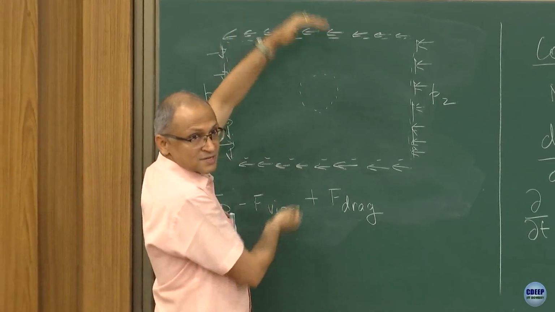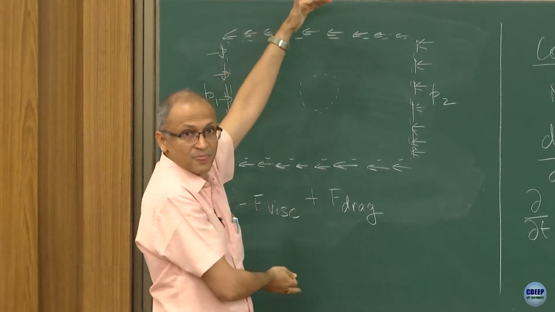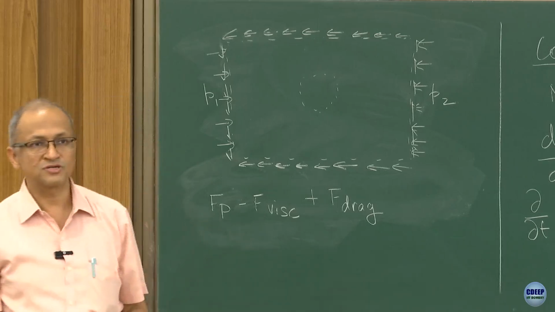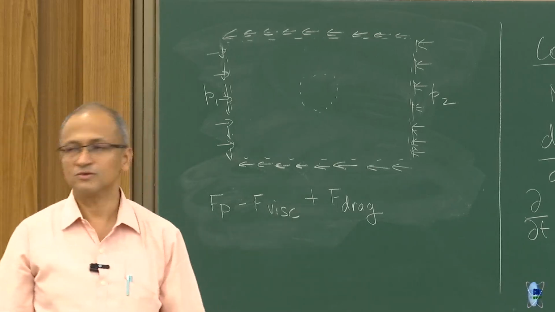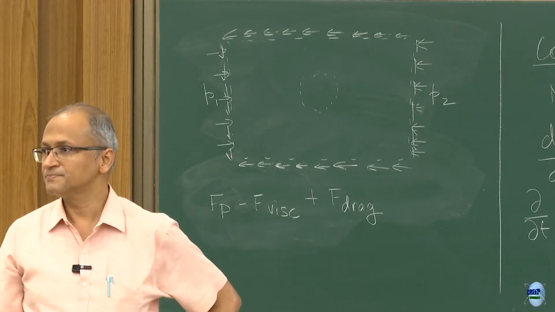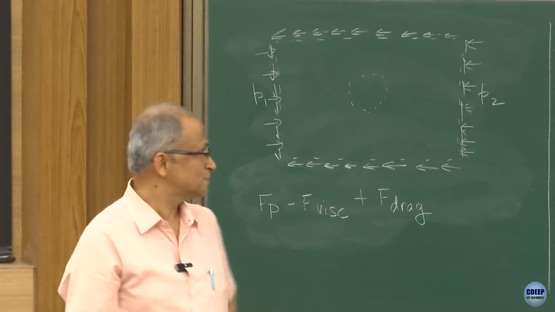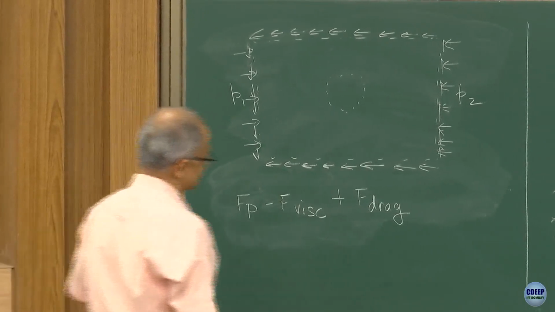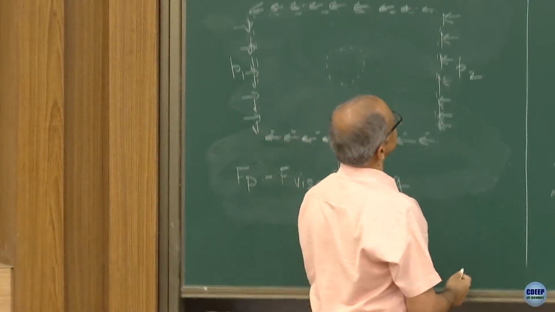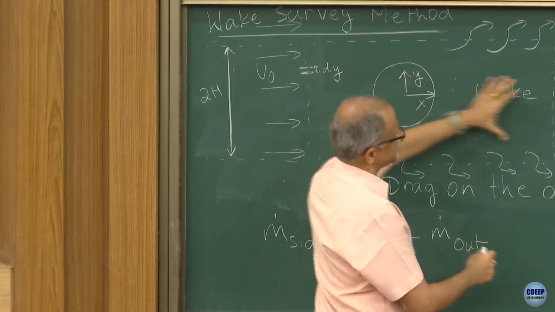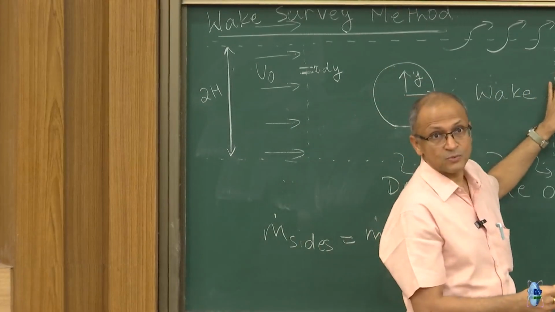If I take these boundaries further away, then what would happen? The viscous force will disappear. Why is that? The viscous region will be less. The other way to look at it is to go back to this picture: behind the object there is a wake.